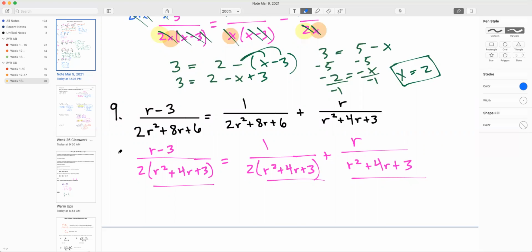So let's do this. We're going to cancel. After we do all this, cancel those. And then essentially we'll do the same exact thing over here. Cancel, cancel, cancel, cancel.